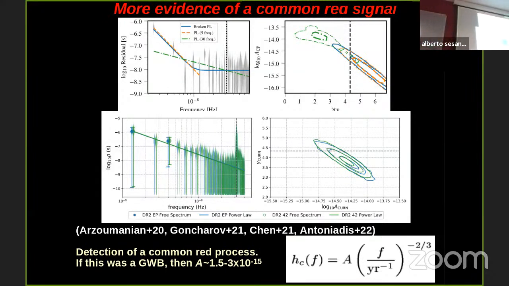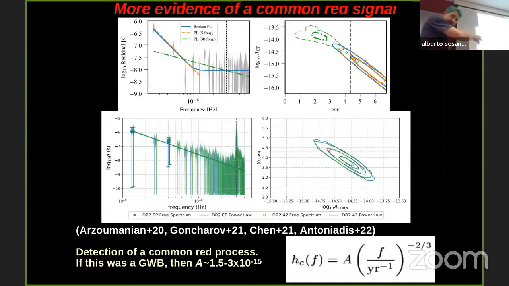This is an example from the European Pulsar Timing Array. So again, you have this rising common red signal. And this common amplitude is of the order of between 1.5 and 3 × 10⁻¹⁵, pretty high, but it's there, and we need to understand what it is.